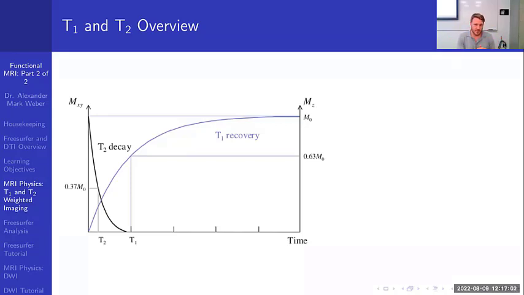To drive that point home, I'm putting them on the same time x-axis, and you can see that T2 decay happens much faster than T1 recovery, so you shouldn't think of them as just opposites of each other. T2 dephasing happens very quickly. Transverse magnetization is 0 after only a few hundred milliseconds, whereas T1 relaxation is much slower, and it takes several seconds before longitudinal magnetization fully recovers.